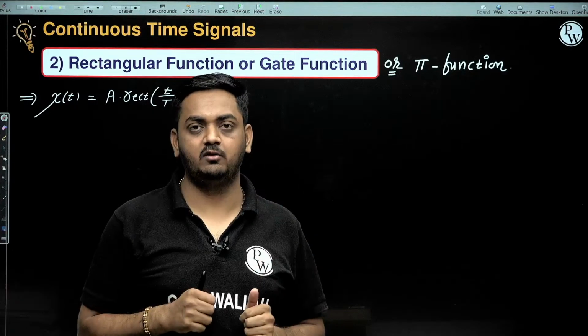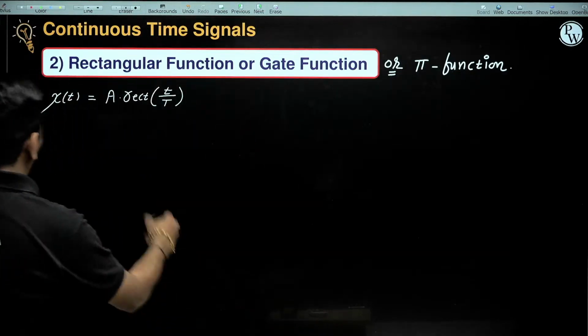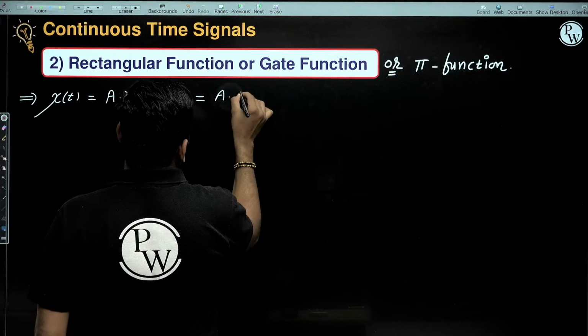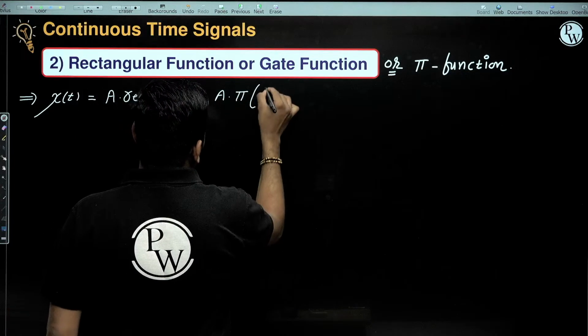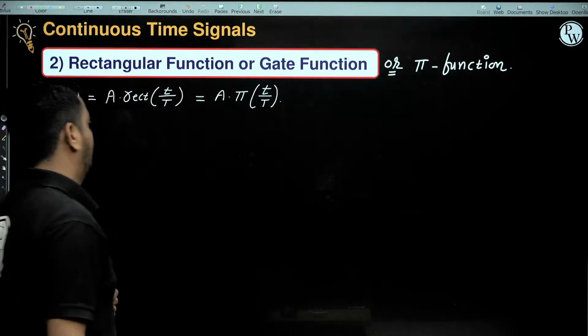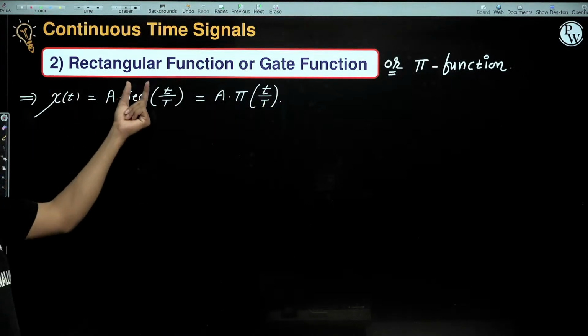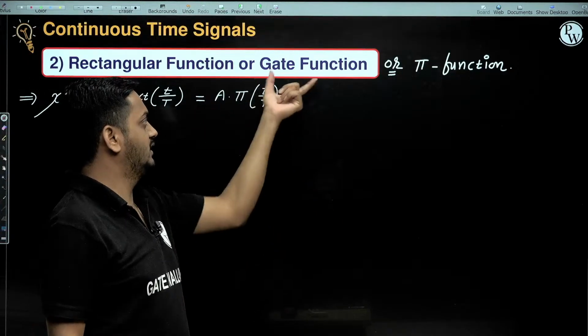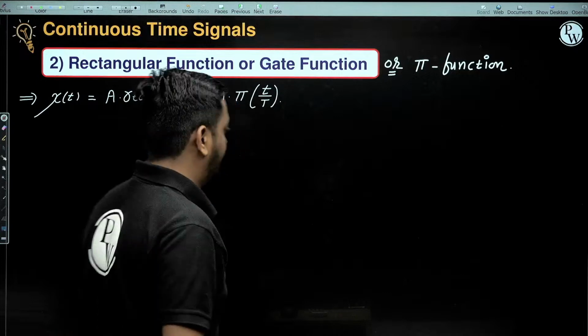It is also defined as A pi t by T. Both notations you have to remember. A rect t by T means rectangular function, A pi t by T is also the rectangular function, and sometimes it is also known as the gate function.